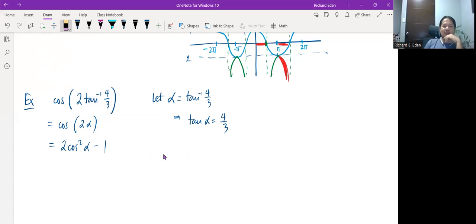But hey, we have this particular tidbit of information that tangent alpha is equal to 4/3. Can you describe to me how we can finish the solution? Come on. All right. So we want cosine squared alpha. Ganito.